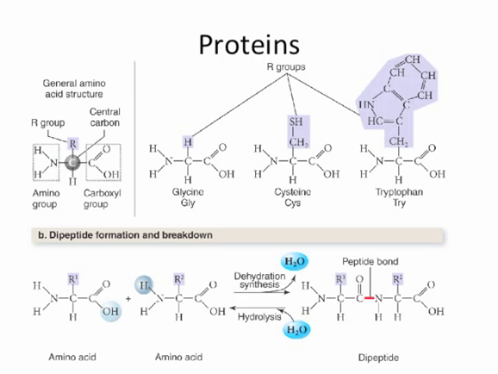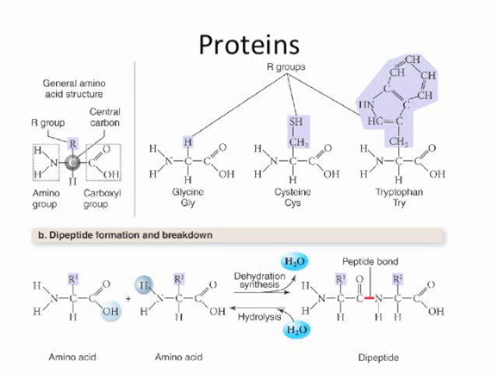So the bond between 2 amino acids is called a peptide bond, and this is why long chains of amino acids are called polypeptides, because they have many peptide bonds. Just like in carbohydrates, if I wanted to break down this, which is called a dipeptide right now, into amino acids, I would do hydrolysis.